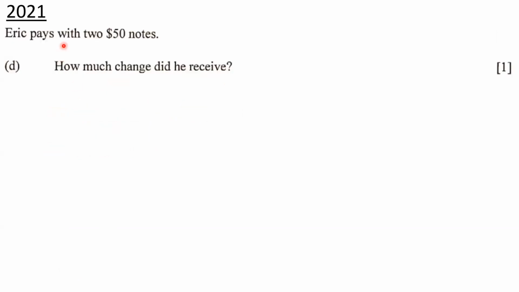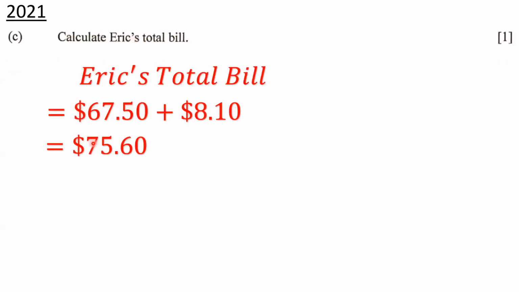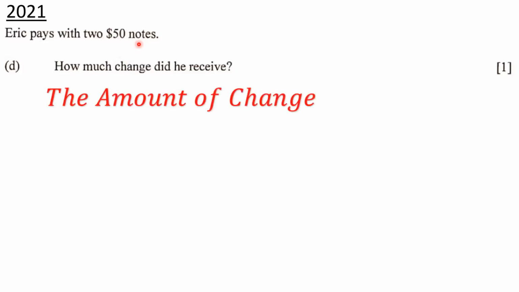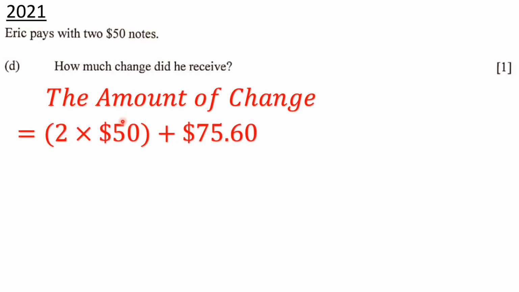It says Eric pays with two $50 notes. So his bill is $75.60, and he pays with two $50 notes. That means he paid with $100 because 2 times 50 is 100. They want us to figure out the amount of the change. Why did I add it?